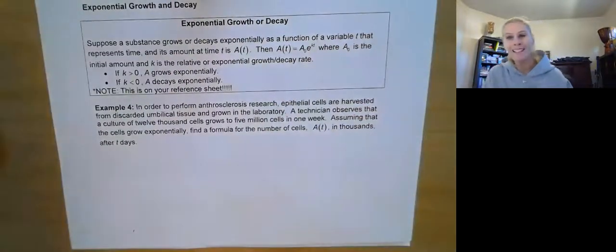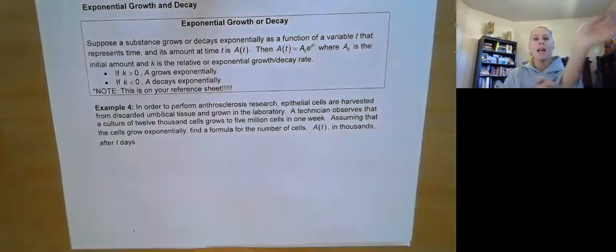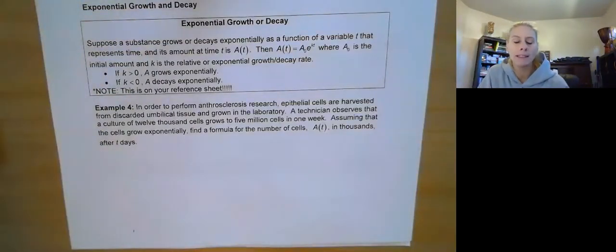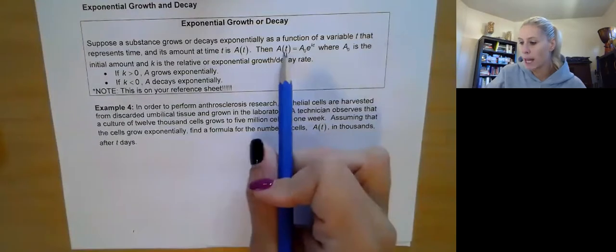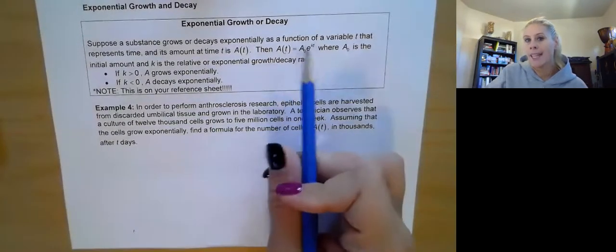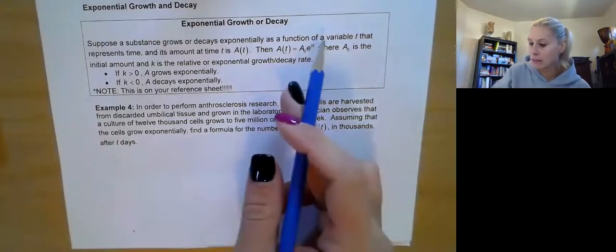Okay, ready? This one, exponential growth and decay. Suppose a substance grows or decays exponentially as a function of a variable time that represents T, of course, T in time, and its amount at time T is A of T. So A sub 0 is the initial amount, K is the rate, okay?